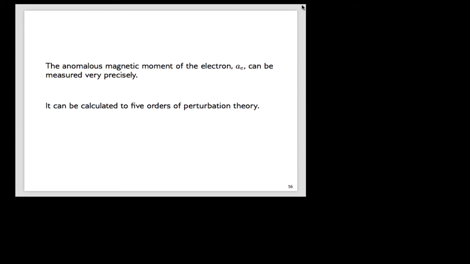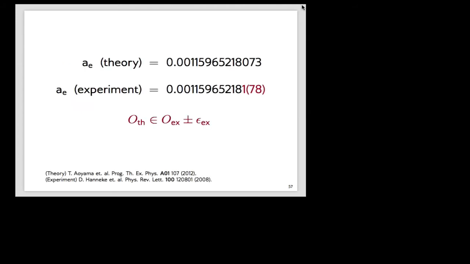The anomalous magnetic moment of the electron is one of the celebrated empirical successes of quantum field theory, and it can be measured very, very precisely in a variety of different ways, and it can also be calculated to 5 orders of perturbation theory. And what you find when you compare the theoretically determined value of that observable to the experimental value is that they agree to more than 10 decimal places of accuracy.